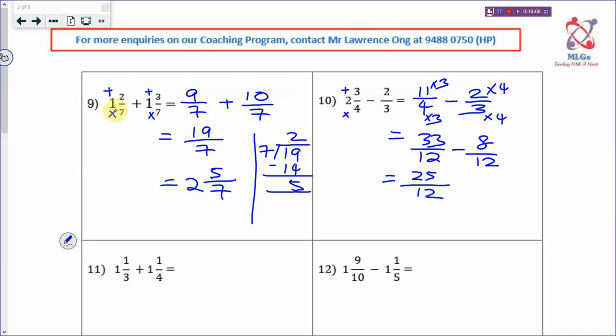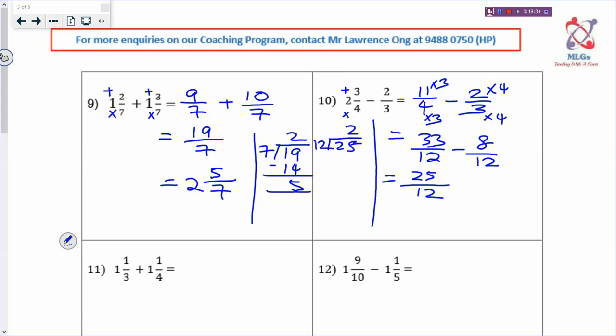Okay, so once again, you have your improper fractions. So what do you do every time you have improper? You need to change it back into mixed number. Alright? So how to change back? Let me just write over here. So 25 divide by 12.